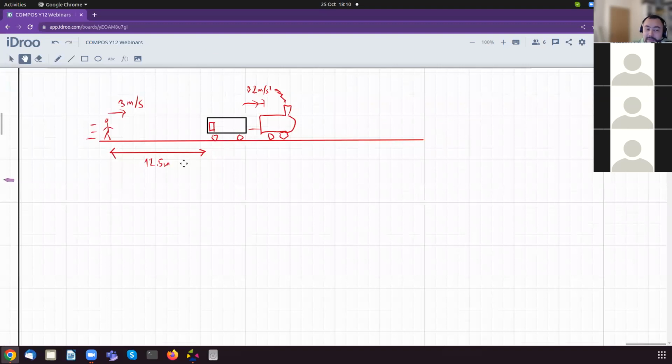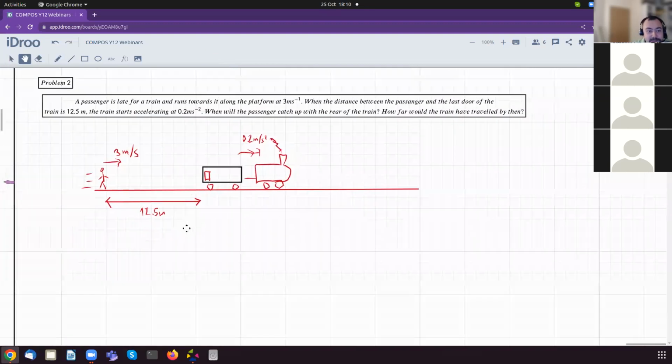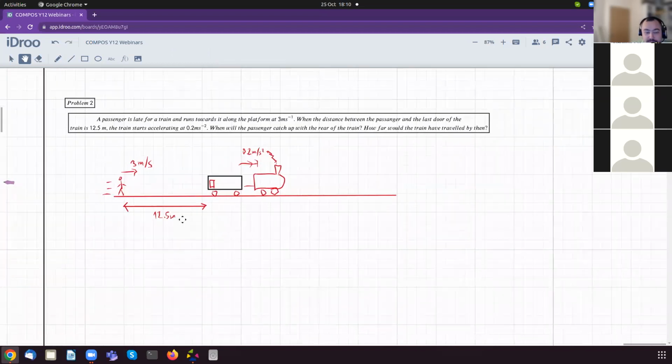Well, there are many different ways we can do it. Let's do it very formally by writing the equations of motion. The equation of motion is very similar to a Suvat equation, but its main purpose is that it tells you the coordinate of the person at any given time.